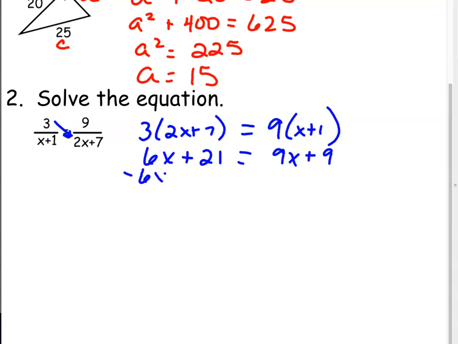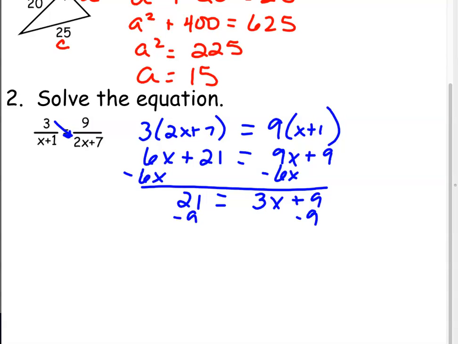So let's subtract our 6x. And then we can subtract our 9 to get constants on the other side. 21 minus 9 is? So 12 equals 3x, which means x would have to equal 4. All right. Is that coming back to you?